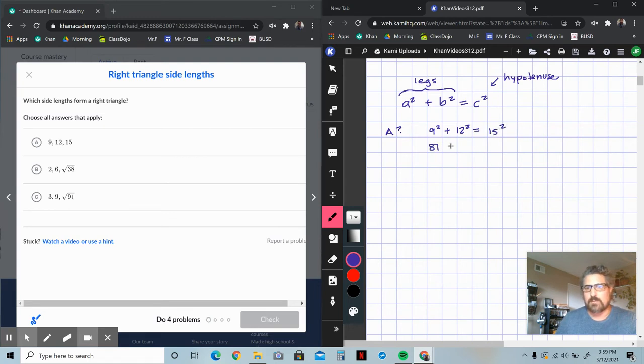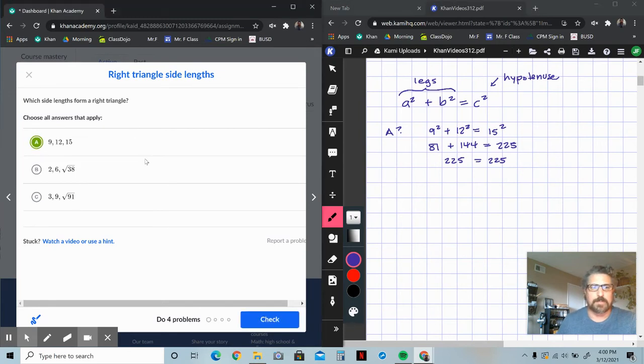That would be 81 plus 144. And is that equal to 225? Well, 81 plus 144 is going to be 140 plus 80, which is 220, and then 1 plus 4 is 5. So yeah, 225 does in fact equal 225. So basically, is 9, 12, 15 a right triangle? The answer is yes.